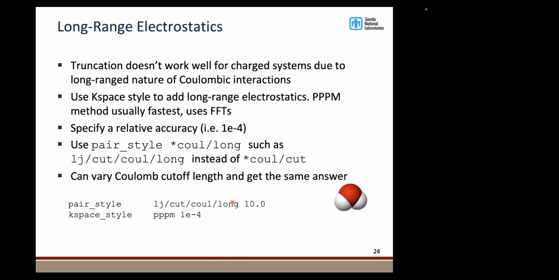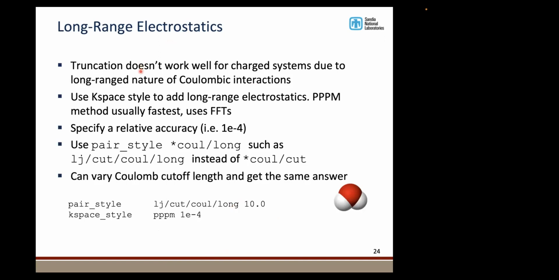Okay, and just briefly, I want to talk about long-range electrostatics. So LAMMPS can simulate charged systems. So if you had a water molecule, you would have partial charges on the hydrogens and oxygens because of the dipole.